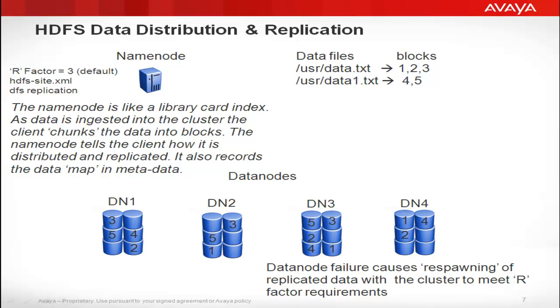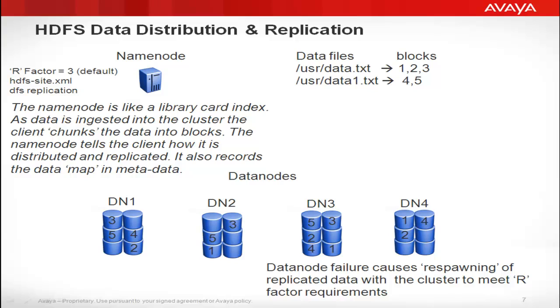HDFS is actually fairly efficient in that it incorporates replication into the process of writing. When a file is ingested into the cluster, it is broken up into a series of blocks, as shown on this slide. The name node utilizes a distribution algorithm to accomplish the mapping of where the actual blocks will reside within the cluster. A HDFS cluster will have a default replication factor of 3.